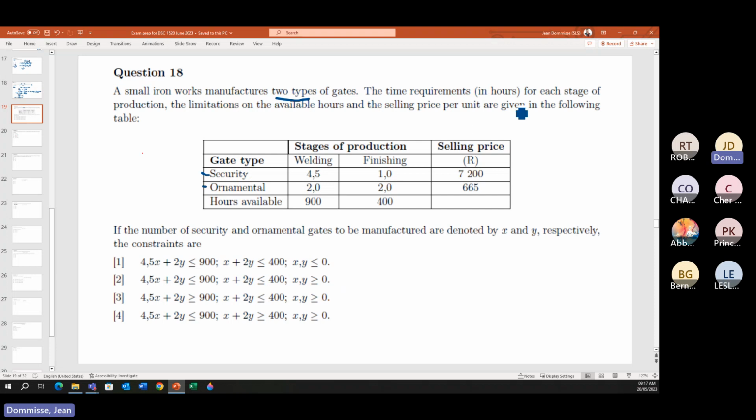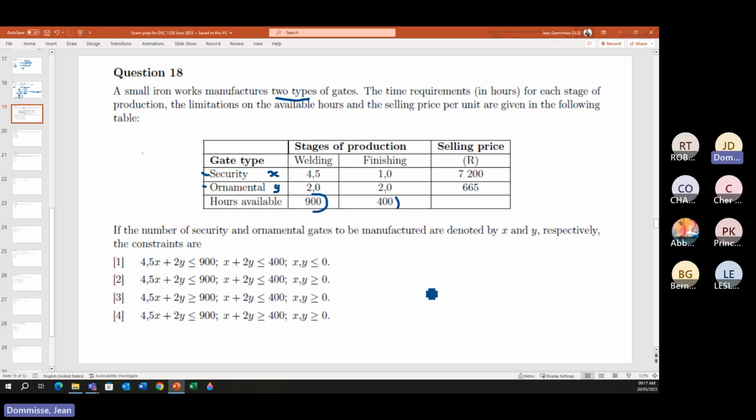And what do they tell us more? The limitations on available hours and the selling price per unit are given in the following tables. Okay, so hours available for welding, hours available for finishing. And then they tell us the security is X and the ornamental is Y.